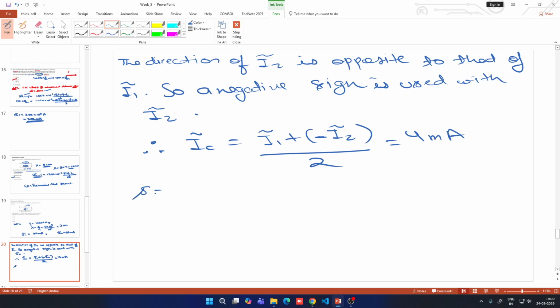Now in the problem, S is given as 5 centimeters, or in meters, 0.05 meters, and the observation point is at 10 meters away. So now we have to find the length of the cable, and we also know what EC max is.